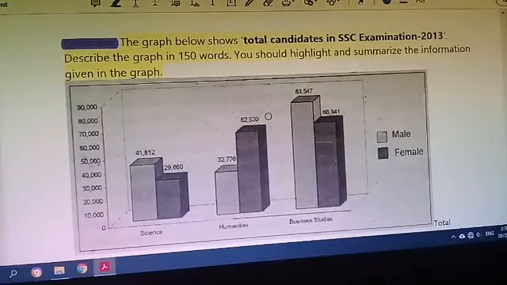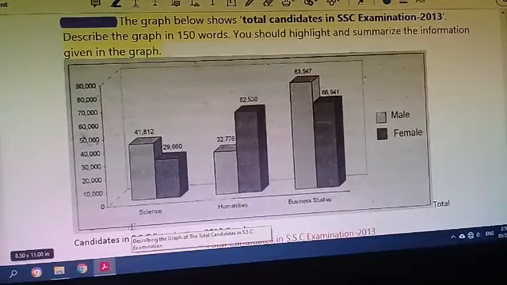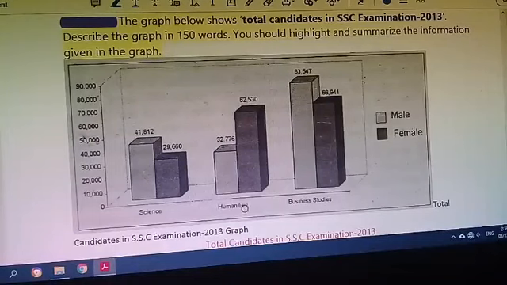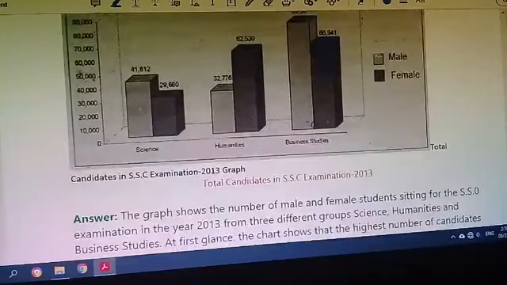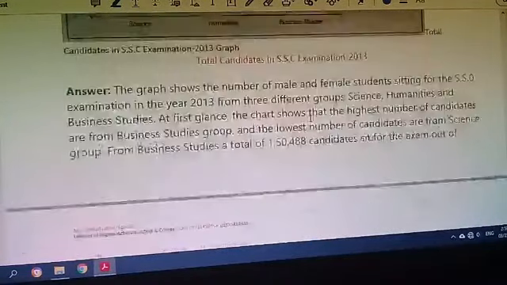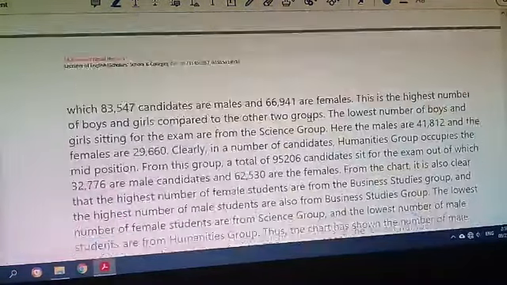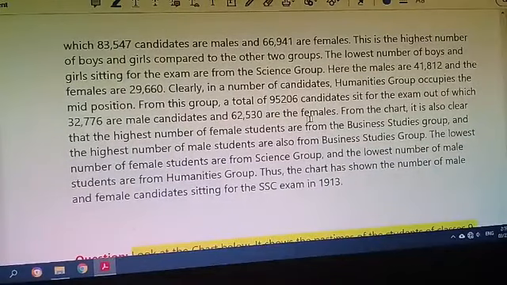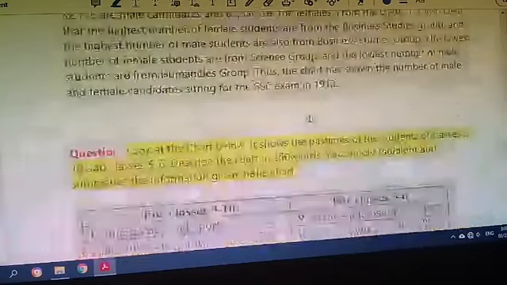So this graph shows science participant and fail rate, humanities participant and fail rate, business studies this way. And you can see here this answer is prepared this way, but I usually suggest using 3 paragraphs. First, primary conception, body of the conception, and comparative study, last of all your opinion.